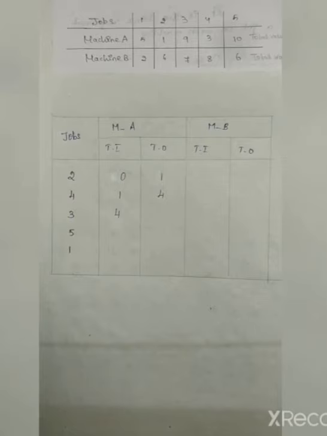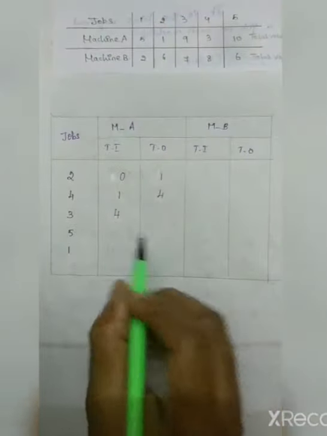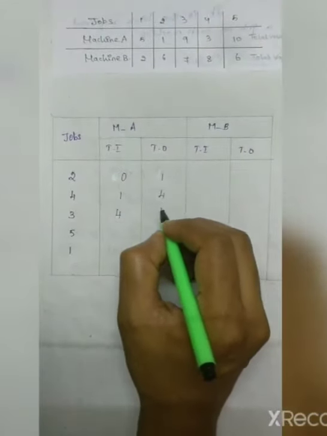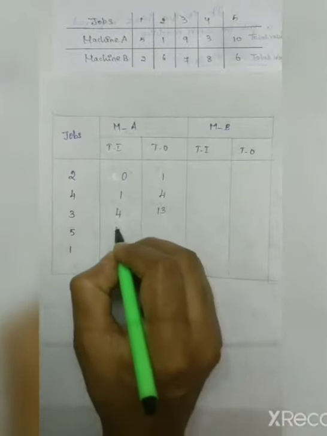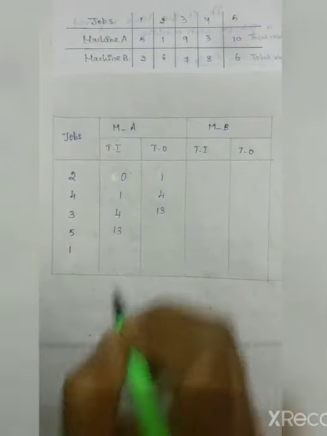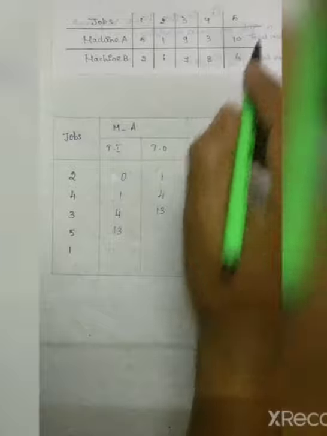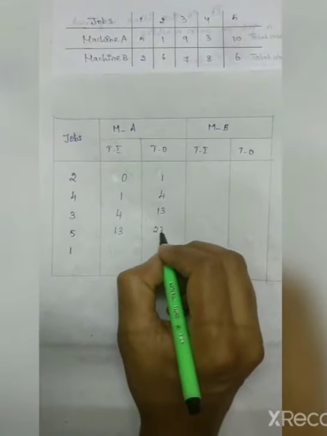After finishing, 1 plus 3 will be 4. The next job will be 3, so time in for job 3 is 4. The finishing time for job 3 will be 9, so 9 plus 4 is 13. So time in for job 5 is 13. This will be 10, so this will be 23.